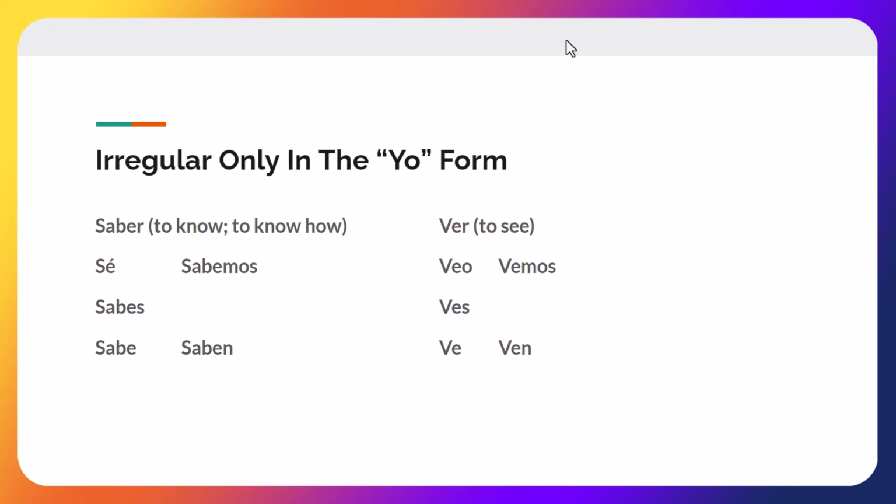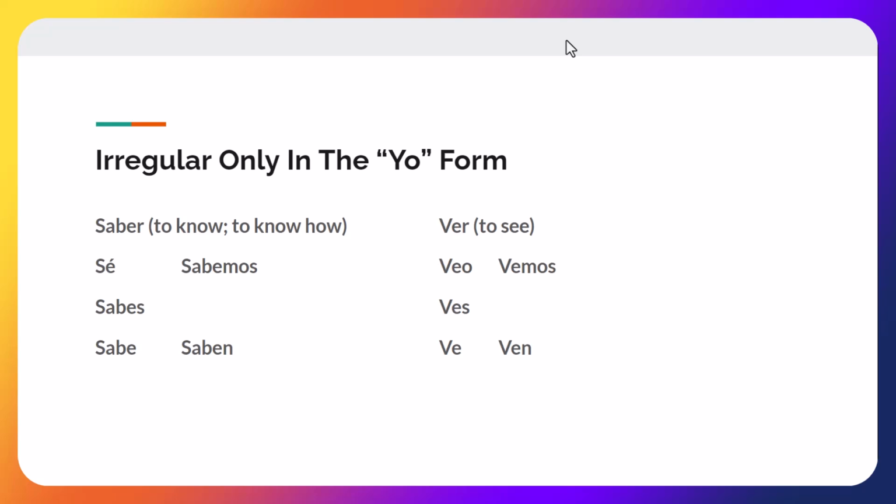All right, and then we have some weird yo form verbs. These are only irregular in the yo form. Other than that, they are entirely regular. We've got a couple of them here. The verb saber means to know. It also means to know how, like in the sense of having a skill, knowing how to do something.